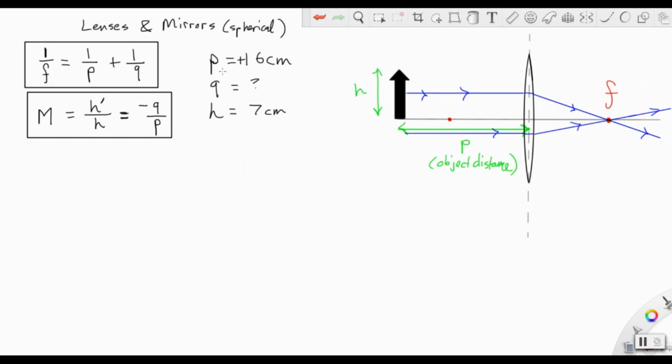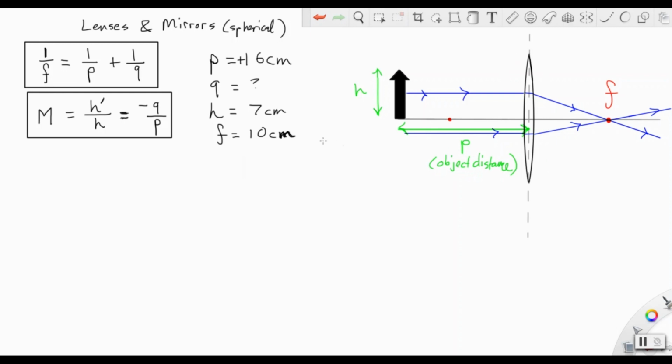So if the height of this thing is 7 centimeters, we can actually know exactly what the image is going to look like now. All we have to do, if we know that the focal length is equal to 10 centimeters, and is this positive or negative? Well, I mentioned before that this was labeled as a positive lens. This is why.